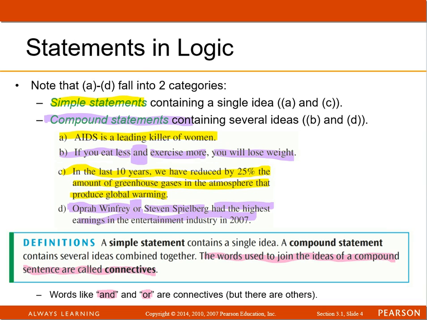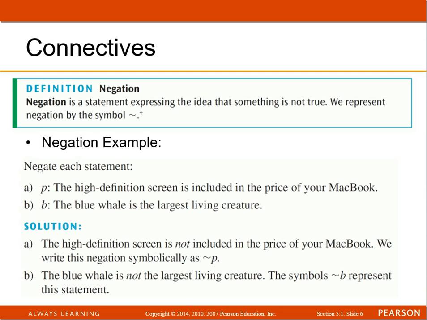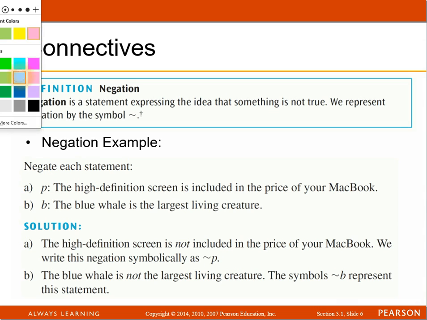All right, now, what are the connectives? There are actually 5 categories: negation, conjunction, disjunction, conditional, and biconditional. And we're going to cover the first 3 in this section and the next 2 in further sections. Okay, let's start with the negation. A negation is a statement expressing the idea that something is not true.